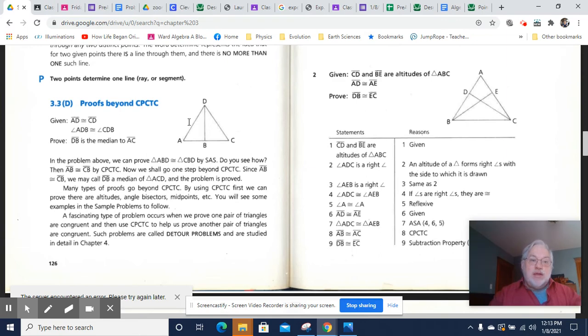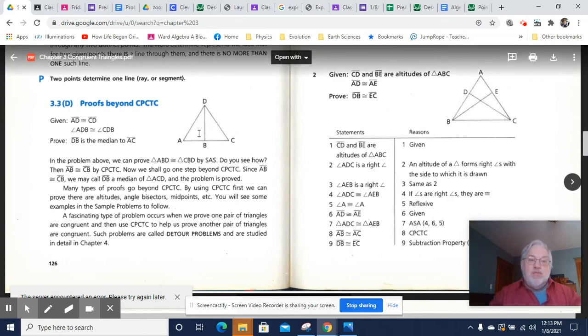We can do that because we know this side is congruent with this side, and we know that these two angles are congruent with each other because it told us they are. That's all given. Now we can also prove that DB is congruent to itself. So now we have side, angle, side.